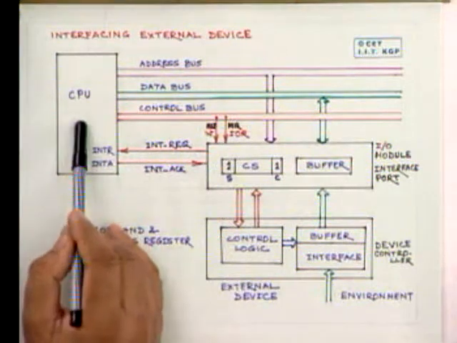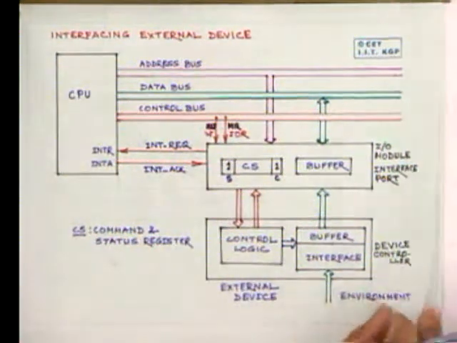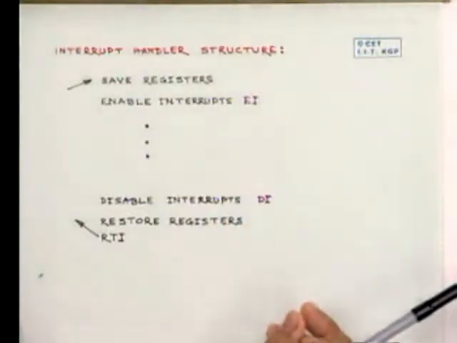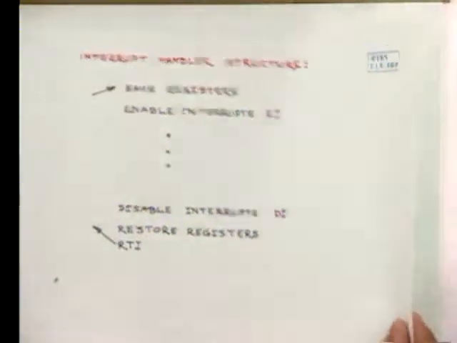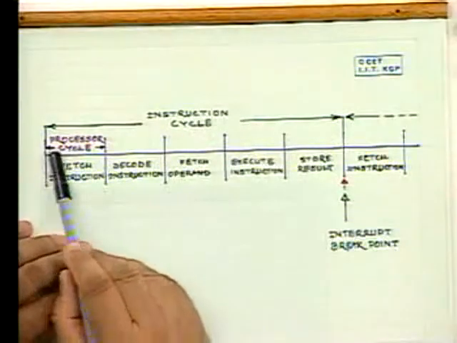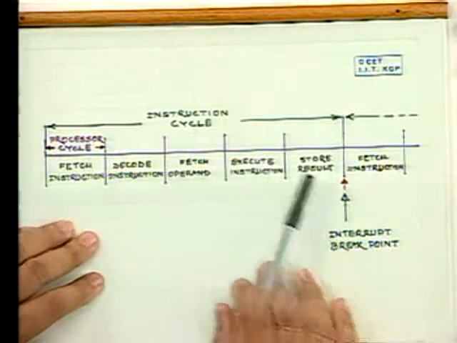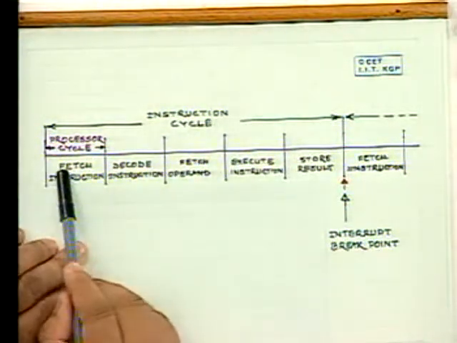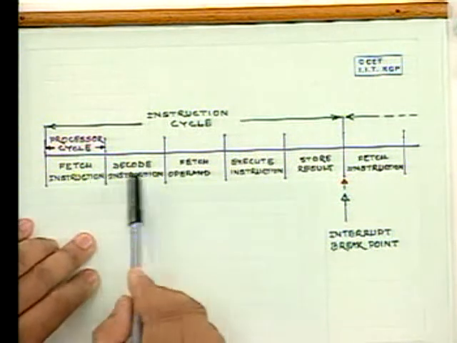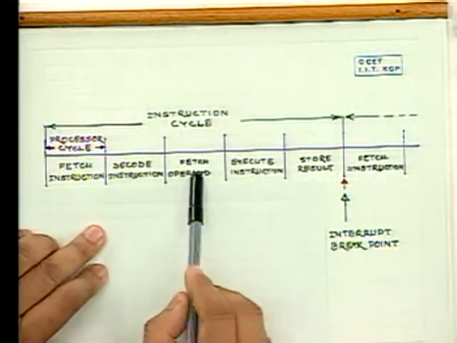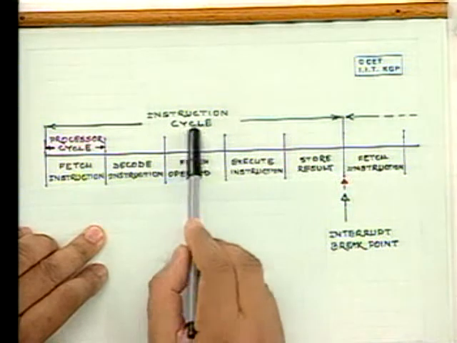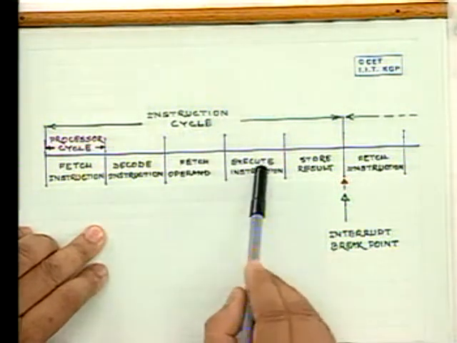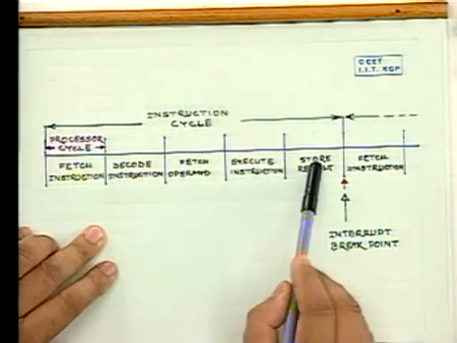But when the CPU accepts that interrupt, let us examine the instruction cycle. Here is the instruction cycle I have shown. The instruction cycle starts here with fetch instruction, decode instruction, then fetch operand, there may be more than one operand, then execute instruction, and store result.